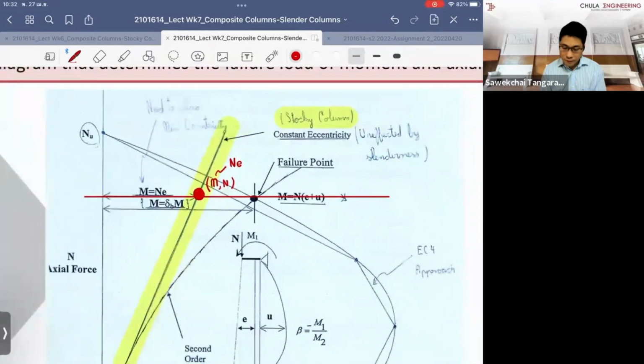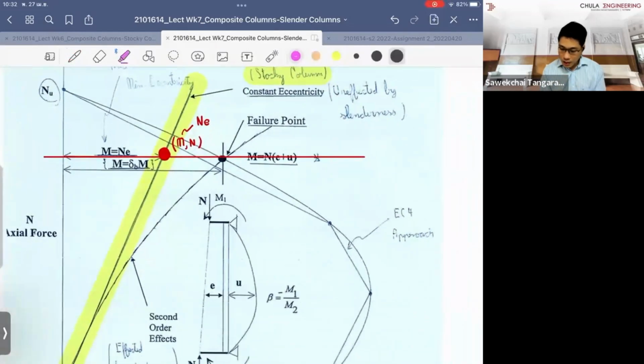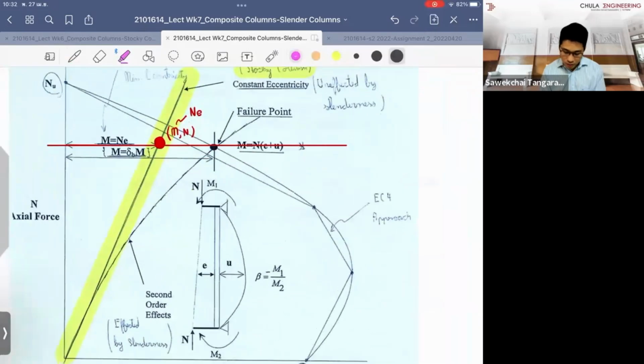But when we have a column that becomes slender, the loading line will change and will form a nonlinear curve here. Why?